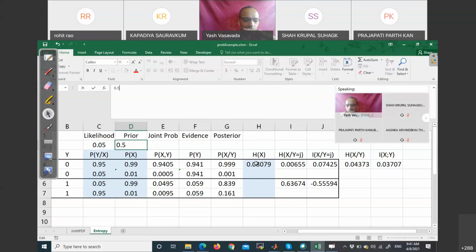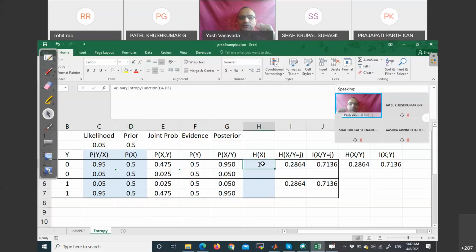Increases. What will be the value? It would be one. It will be 1 bit. Yes. It will take its maximum value of 1 bit. So you see it became 1 bit.